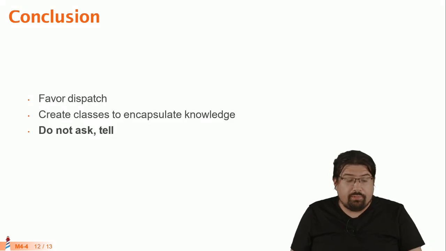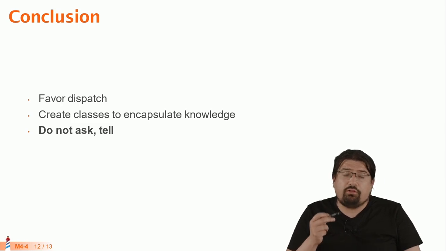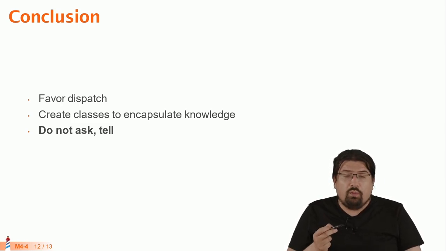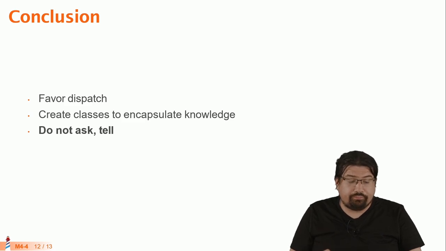As a conclusion, we have to always favor dispatch. We have to prefer to use dispatch before conditional code. We can create little classes that encapsulate little knowledge. They are cheap to use, they are cheap to maintain, and they produce clearer code than having conditional code.